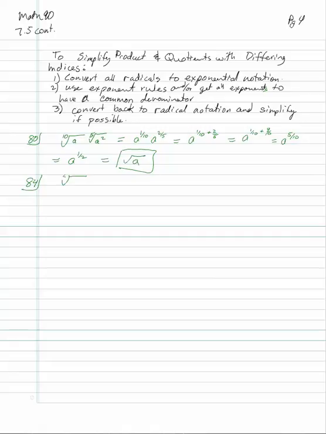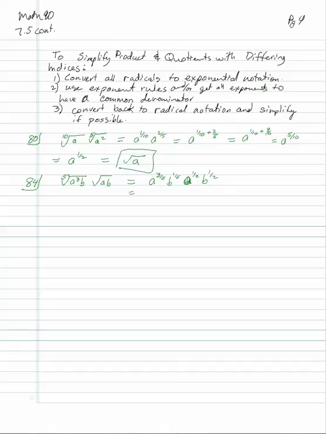I got the 5th root of a cubed b times the square root of ab. So again, what I could do is convert this to exponents. Should have been a.